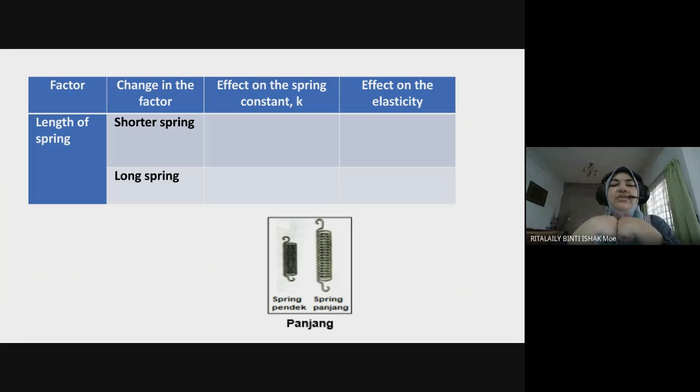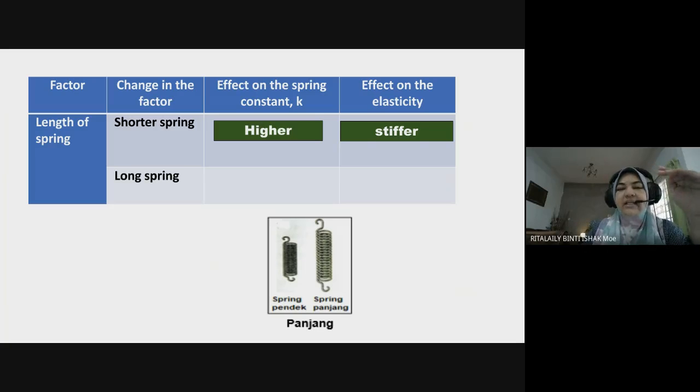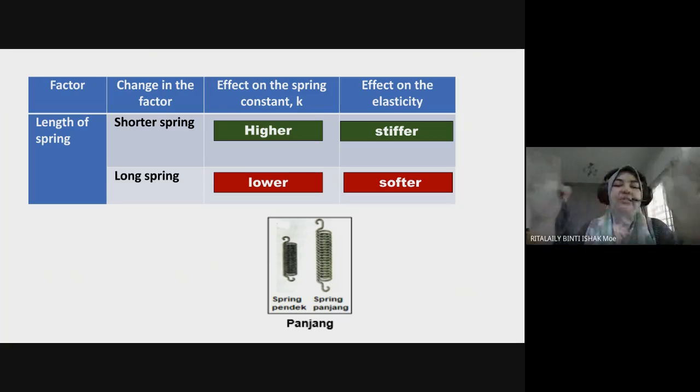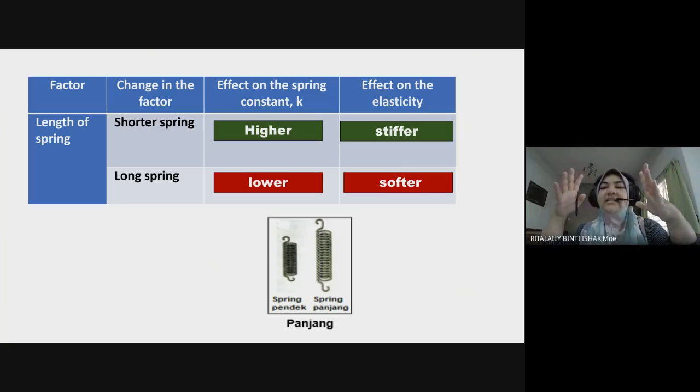So if you have two springs, one spring is shorter than the other. The shorter spring has a high spring constant compared to the long spring. And when the spring constant is higher, therefore the spring is stiffer. Whereas a longer spring has lower spring constant and the spring is softer.